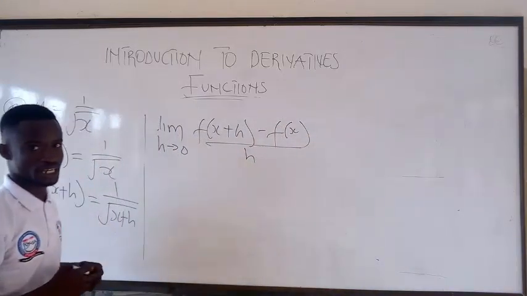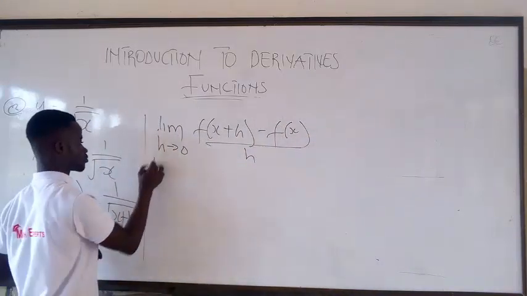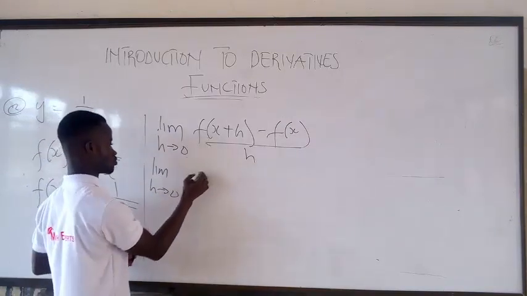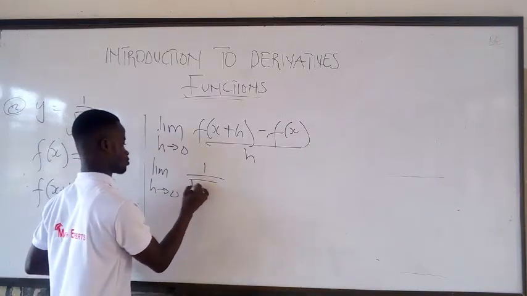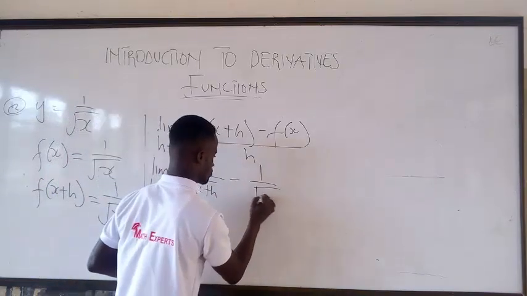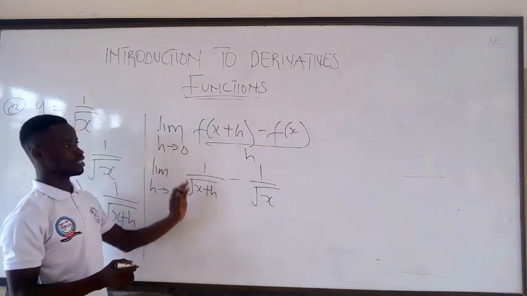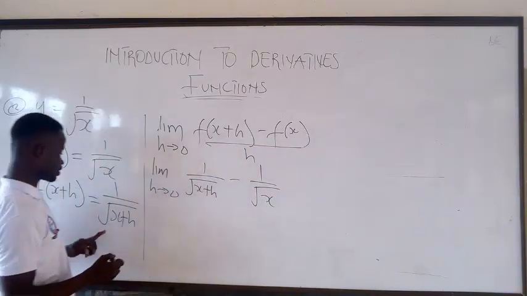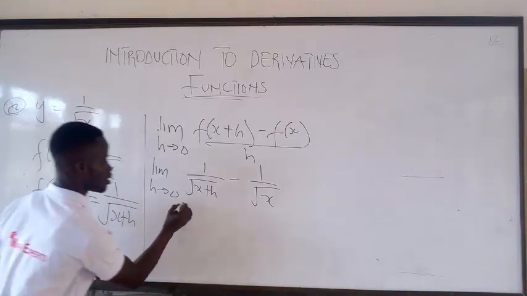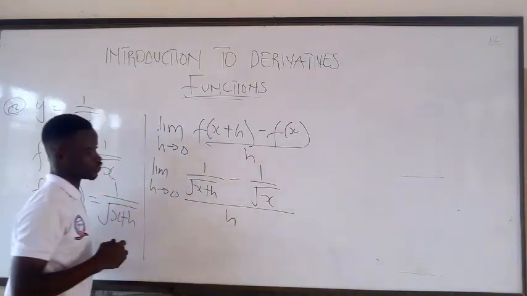Alright, so we can now do our substitution. So this is the f of x plus h, which is here, and that is the f of x, which is here. All these over h.